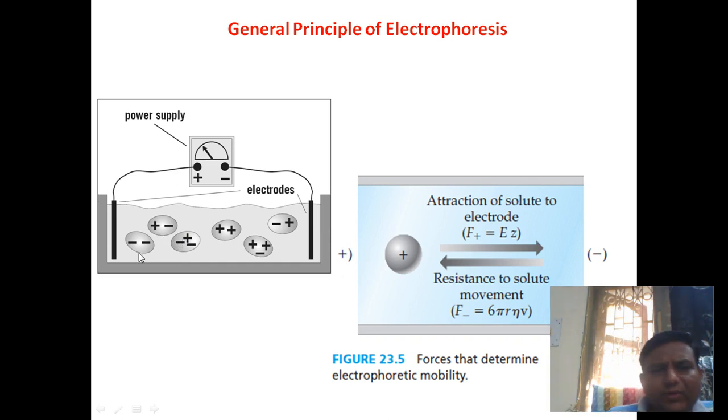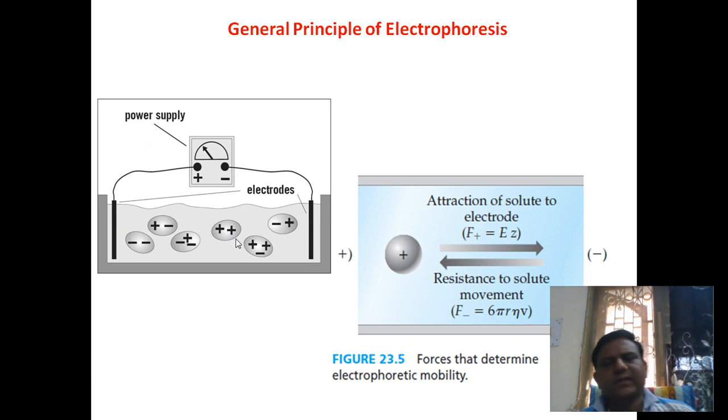Due to the friction force acted by the medium, the different types of molecules migrate toward the oppositely charged electrode at different speeds, and that's why, due to the different speeds of migration, these molecules reach the electrode at different times.